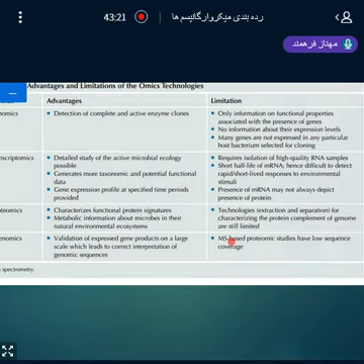And the limitation is that mass spectrometry-based proteomic studies have low sequence coverage, and that is not very good for using this technique for detecting the proteins.